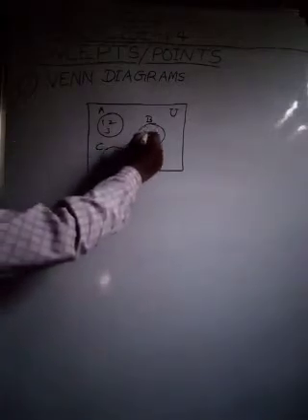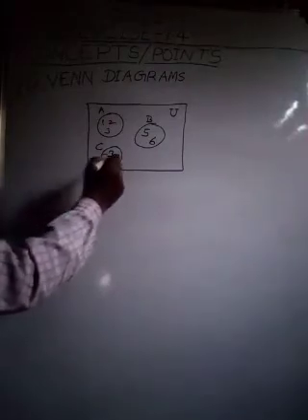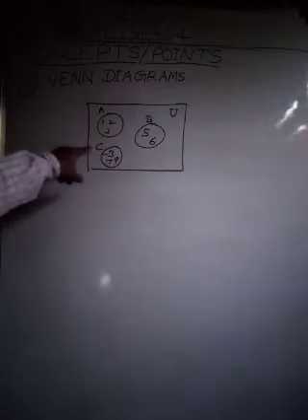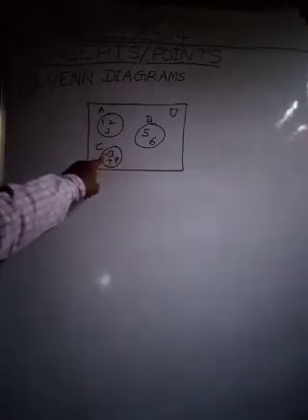Similarly, let us consider 5 and 6 are the elements of the set B. So we write the elements of the set B inside this circle only. Similarly, -3, 7, 9 are the elements of set C. So we write the elements of set C inside that respective circle. Understood this point, my dear children? Right.